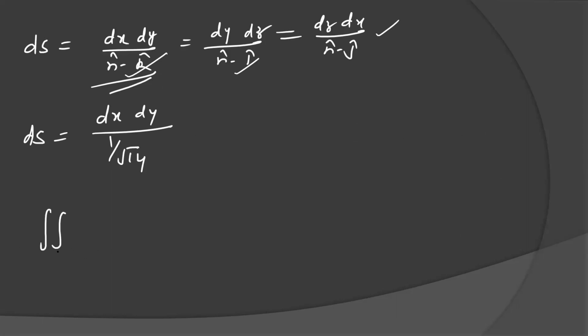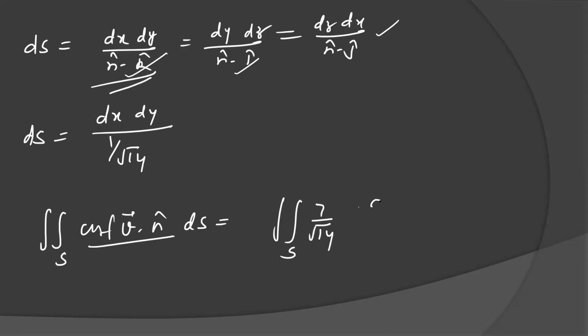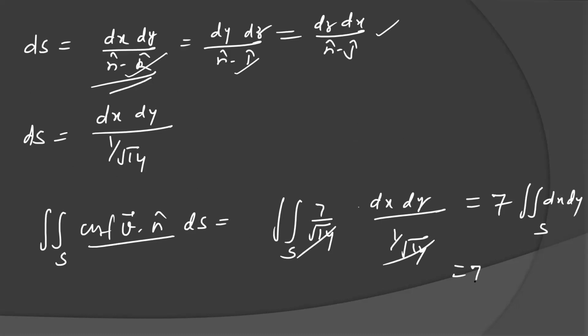Okay, now put it in the Stokes theorem. It will be curl v dot n cap ds, equal to curl f dot n cap, which was 7 by root 14, times dx dy over 1 over root 14. Cancelled out, it is 7 times dx dy. It is nothing else but the area of the triangle in the xy plane, because this is the formula for area.